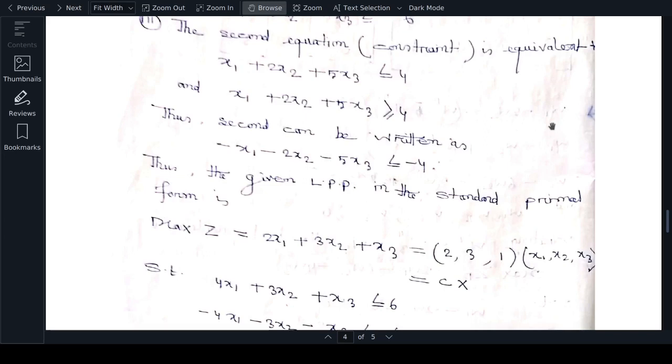The greater than symbol we convert into less than by multiplying by minus 1, so minus x1 minus 2x2 minus 5x3 is less than or equal to minus 4.